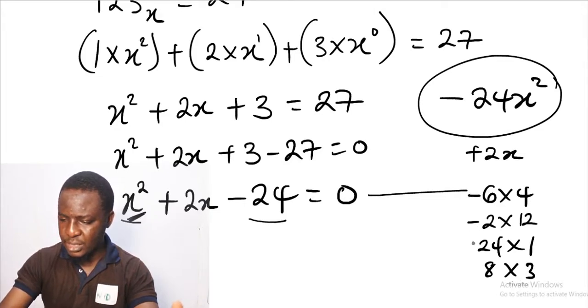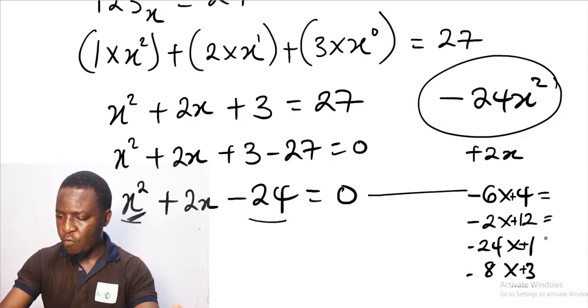Let this be negative and this be positive. Of these 4 sets of numbers, only one will meet the requirement, and that is the one we are going to make use of. So, when you multiply any of these numbers, you are going to have minus 24.